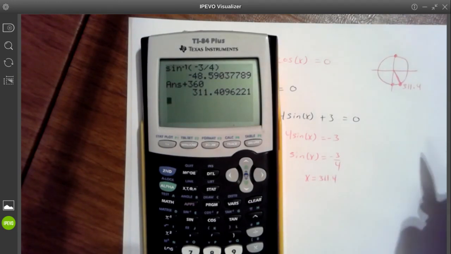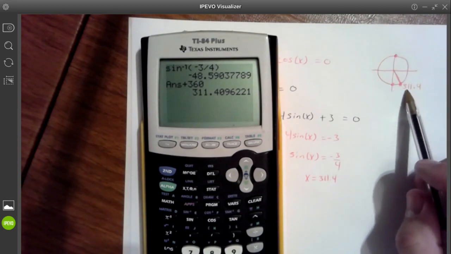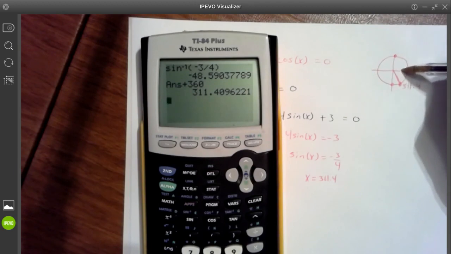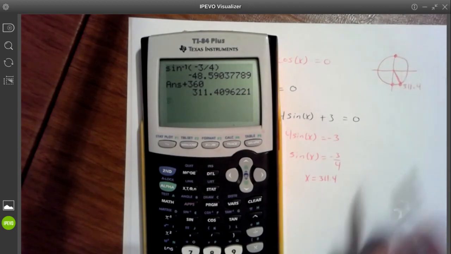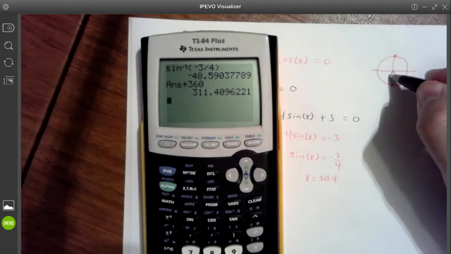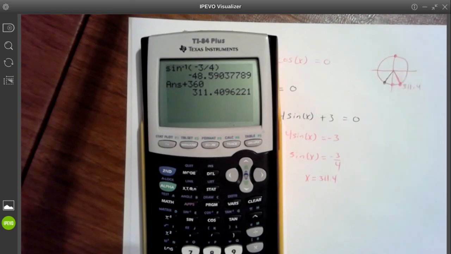What is the other place? We want the other angle where sine is equal to negative 3/4. So we're saying that this distance is negative 3/4. The other place that happens is going to be in quadrant 3, and it's that spot right there, whatever that angle would be. Depending on how you think about it, there's a couple of different ways that you can get that angle.